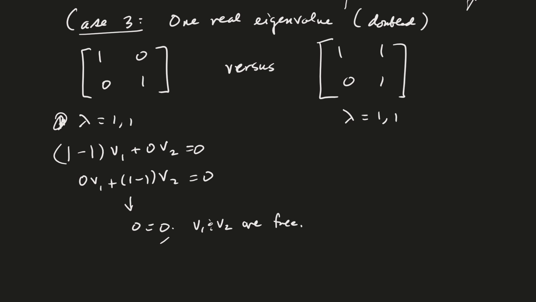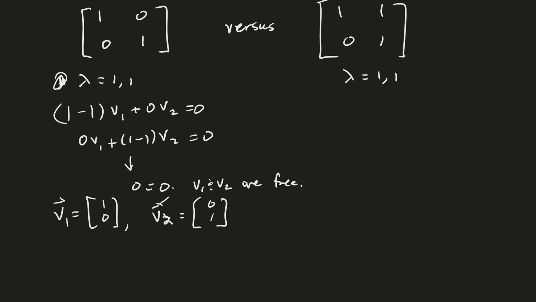You can pick any v's for this to work. One way would be to take v1 to be 1, 0 and v2 to be 0, 1. This is the really special case where you have a double eigenvalue, but then you have two eigenvectors.